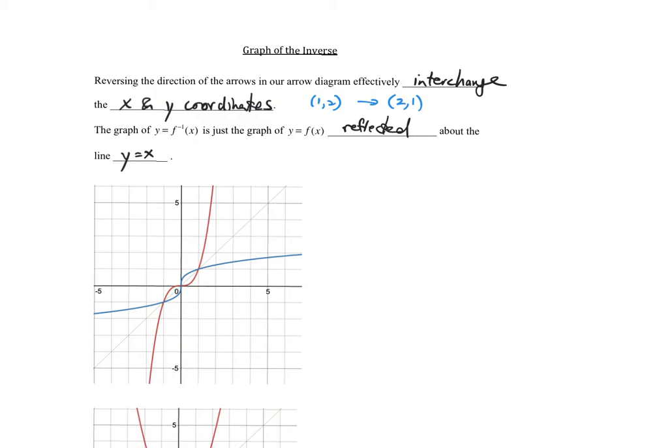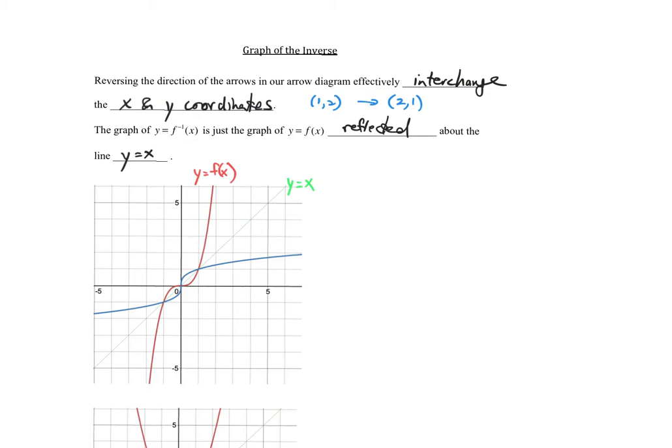The dotted green line is the line y is equal to x. And the red line is our original graph, so our original graph was y is equal to f of x. Now a quick look at this red graph shows us that this graph is 1 to 1.